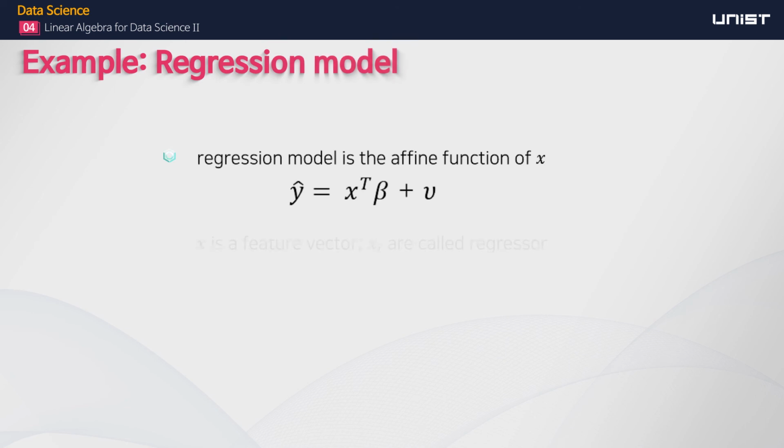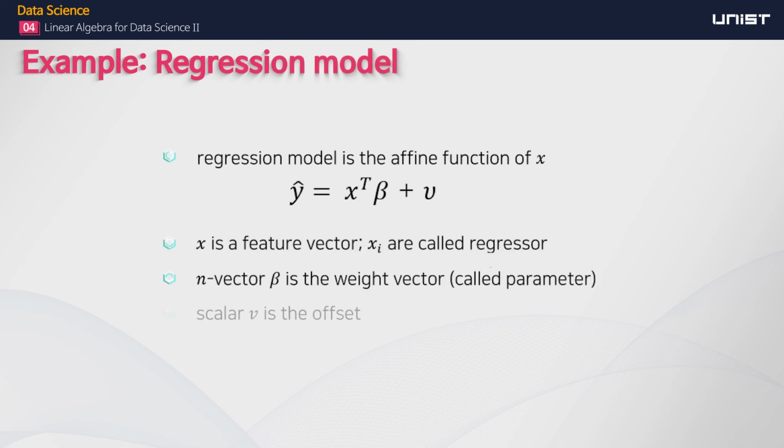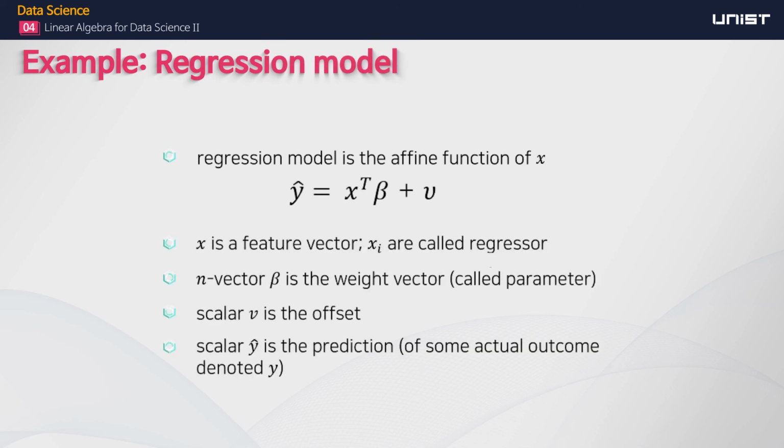For example, a regression model is actually an affine function of x. A regression model is used to identify the relationships between two vectors x and y. x is a feature vector or independent variables, and y is an actual outcome or dependent variable.